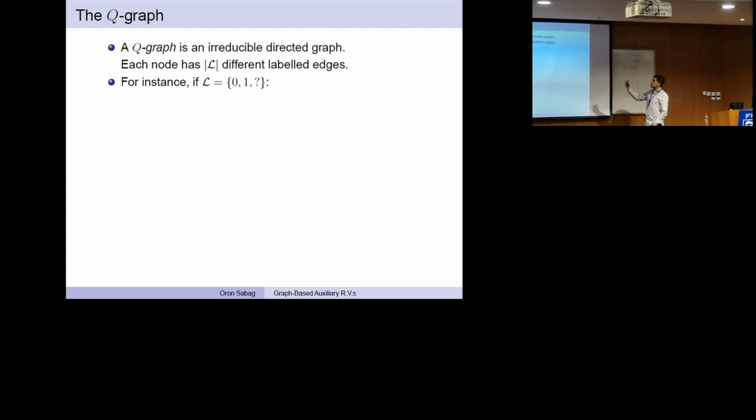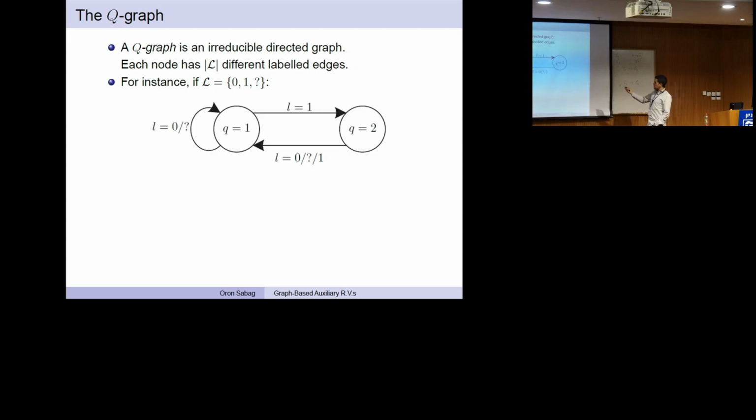For example, if we fix an output labels alphabet of 0, 1, and question mark, then this is a Q graph, since in the output of Q equals 1, we can see one time 0, 1, and question mark, and the same for the other node, we can see exactly one time 0, 1, and question mark, which is the entire labels alphabet. Okay?